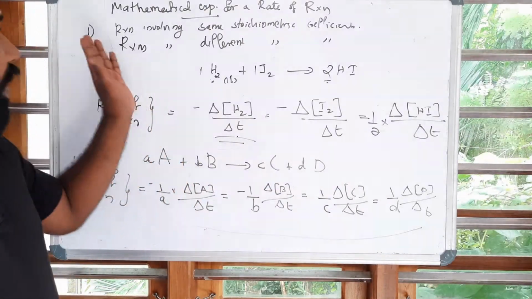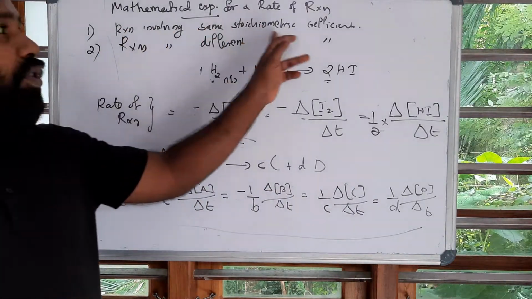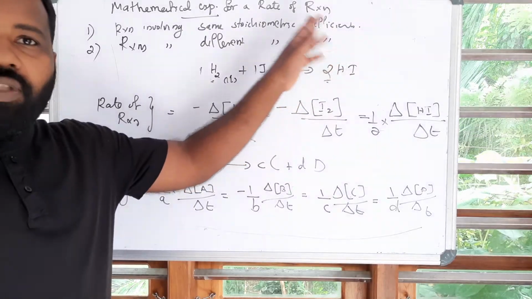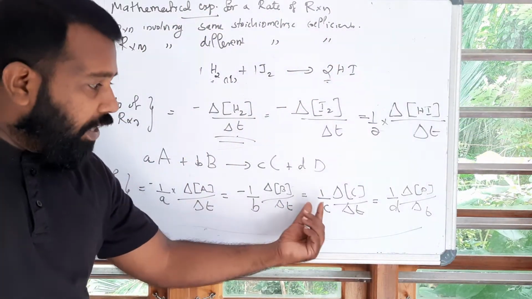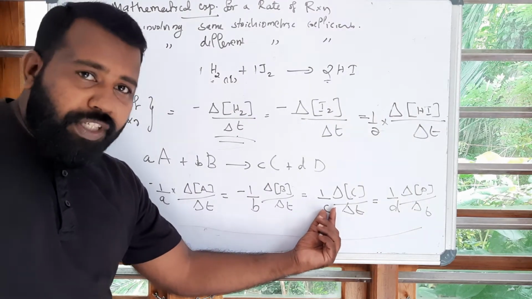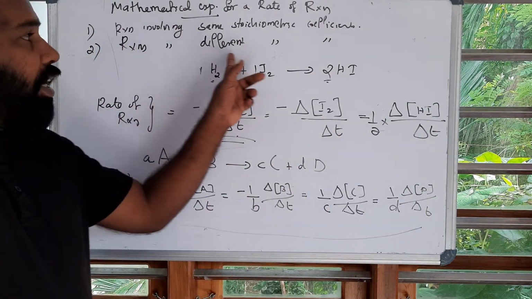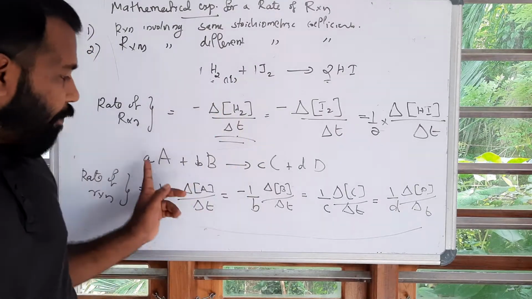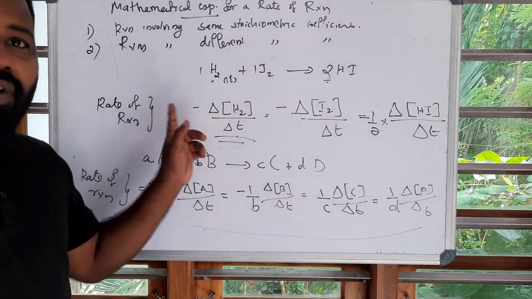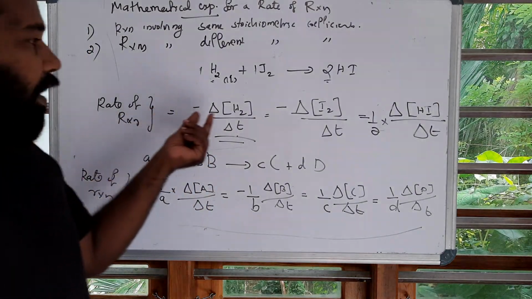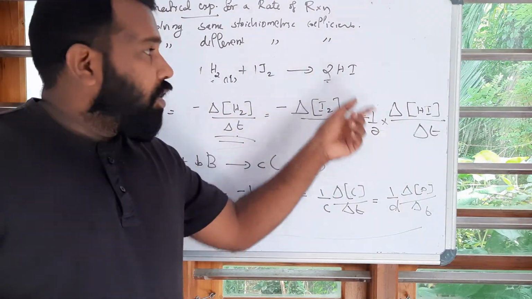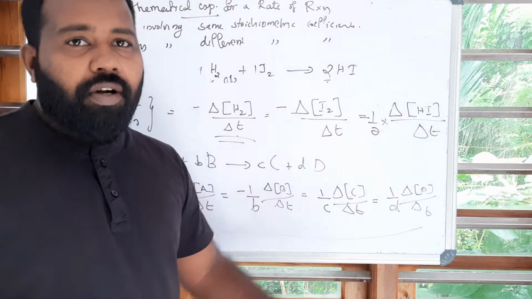different. So we have two cases. A reaction involving the same stoichiometric coefficient needs no dividing by the stoichiometric coefficients. Where the coefficients are different, when finding the rate of the chemical reaction, we need to divide by its own coefficient.